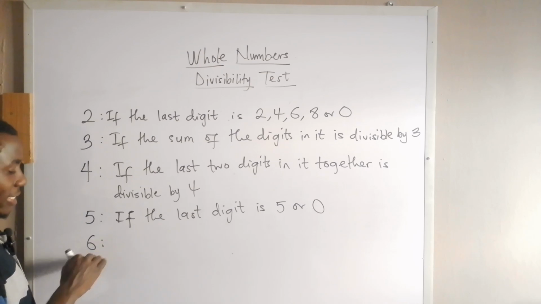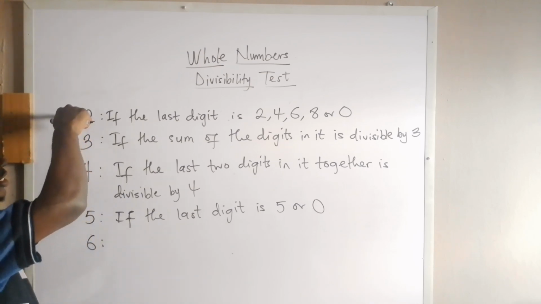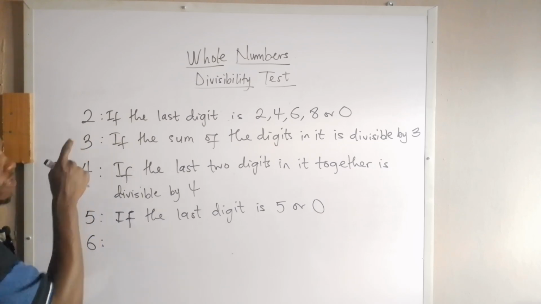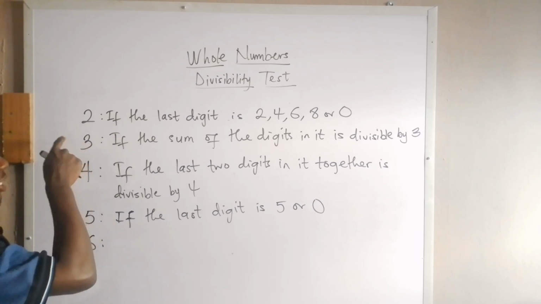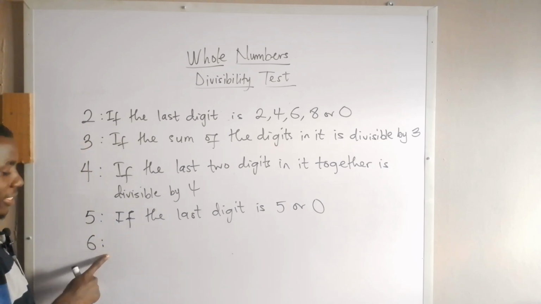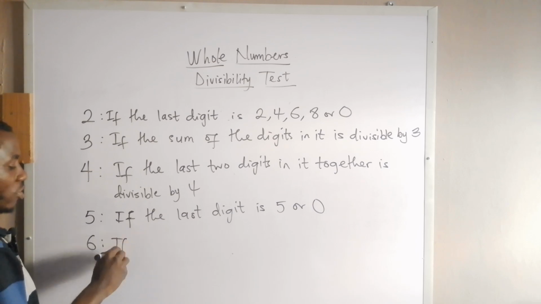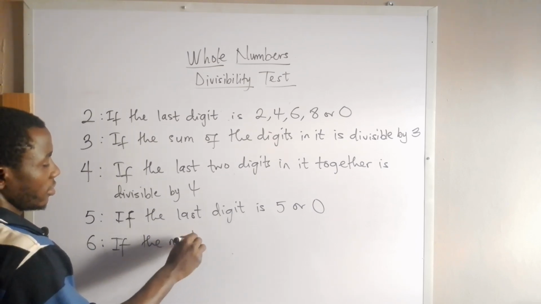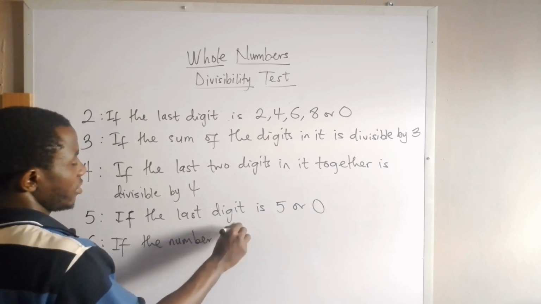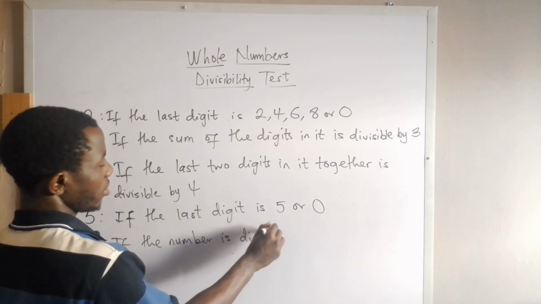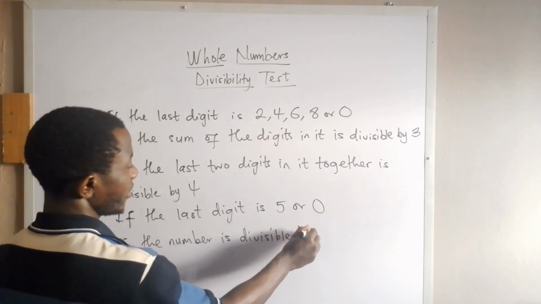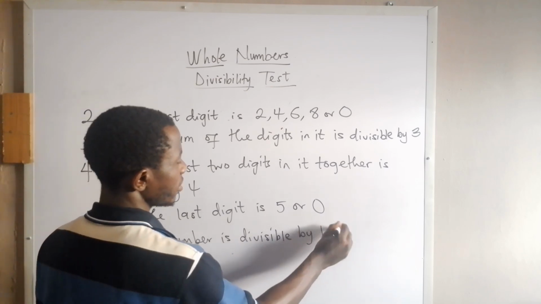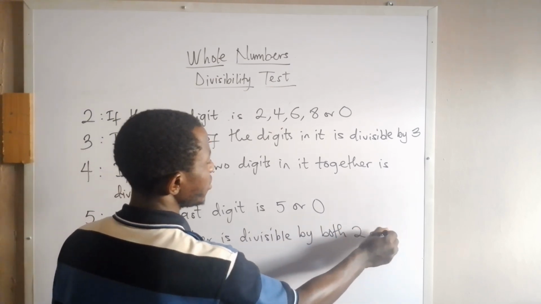So a number is said to be divisible by 6 if it complies with the divisibility of 2 and 3. So if the number is divisible by 2 and 3, then it's divisible also by 6. Then we say a number is divisible by 6 if the number is divisible by both 2 and 3.